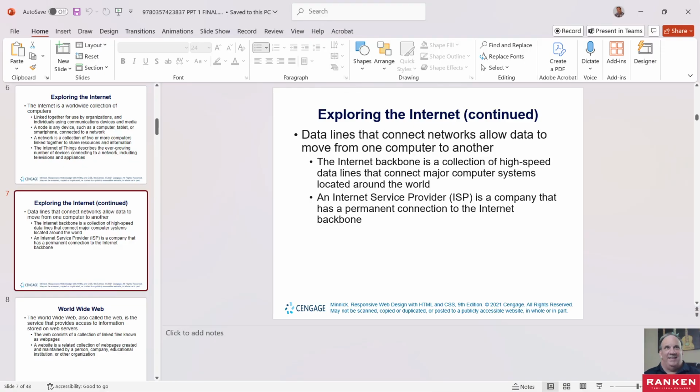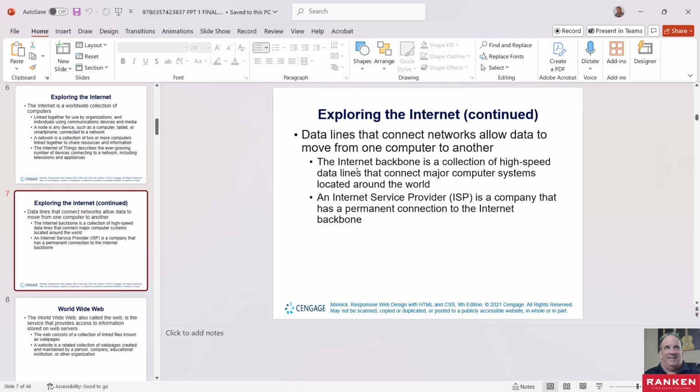So data lines that connect networks allow data to move from one computer to another, right? The internet backbone is a collection of high-speed data lines that connect major computer systems located around the world, right? Even though from our perspective we use Wi-Fi, we're used to just having your laptop or your phone connected to Wi-Fi, the internet really uses all kinds of servers.